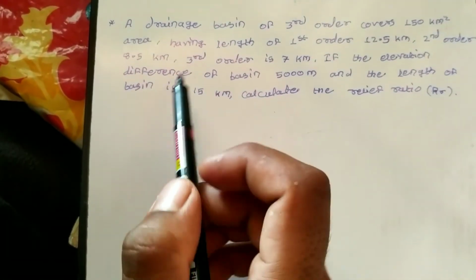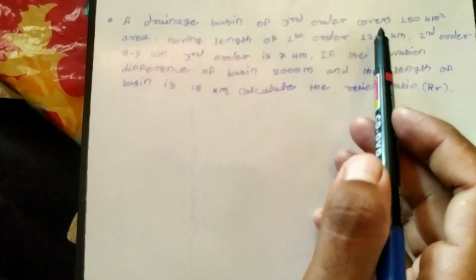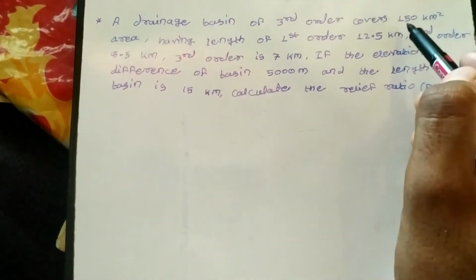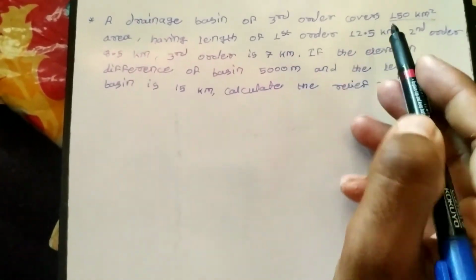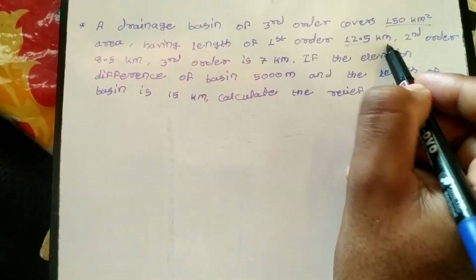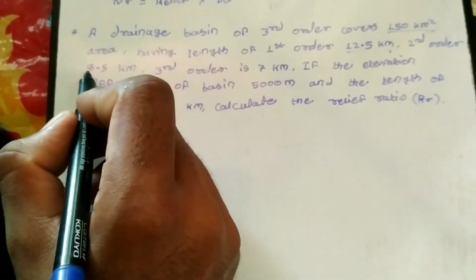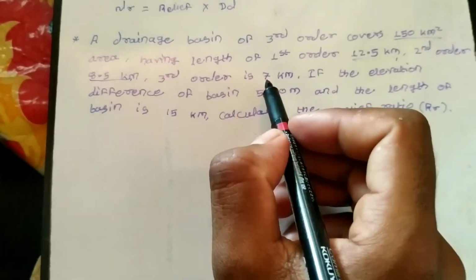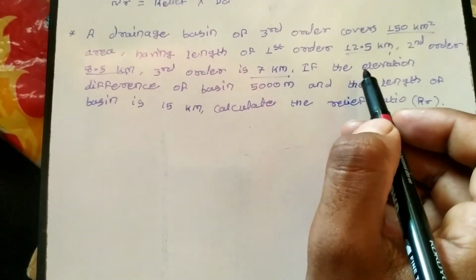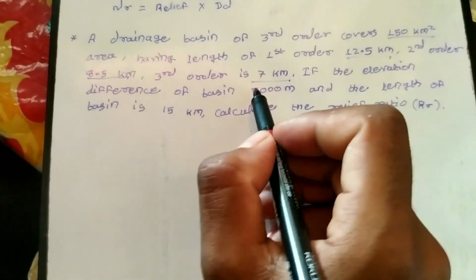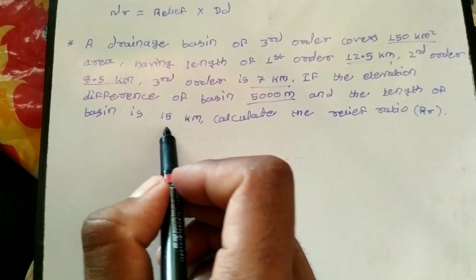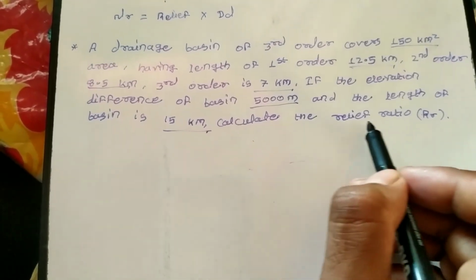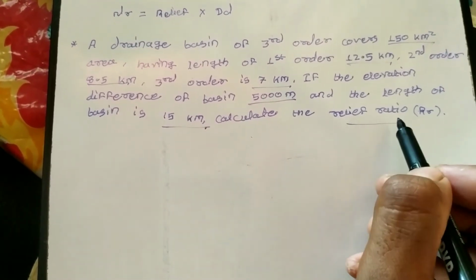Next problem: a drainage basin of third order covers 150 square kilometer area, having length of first order 12.5 kilometer, second order 8.5 kilometer, third order 7 kilometer. If the elevation difference of the basin is 5000 meter and the length of the basin is 15 kilometer, calculate the relief ratio.